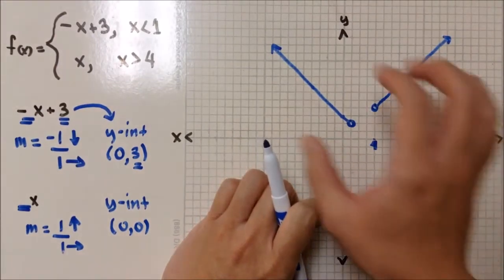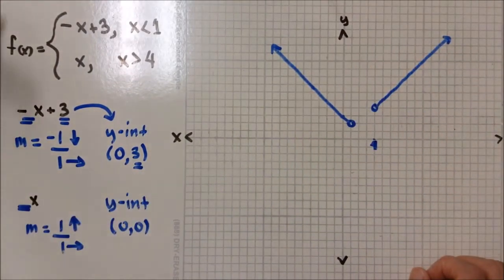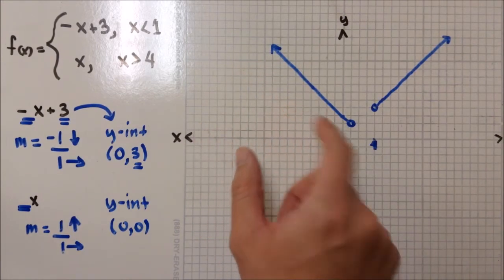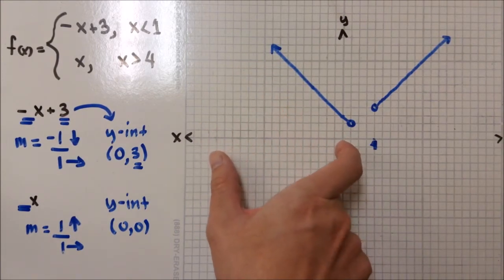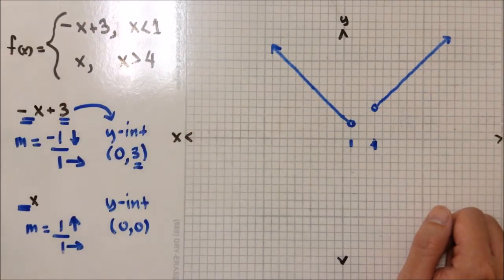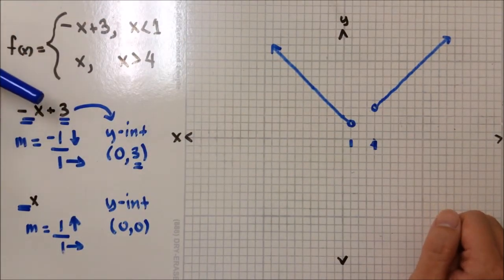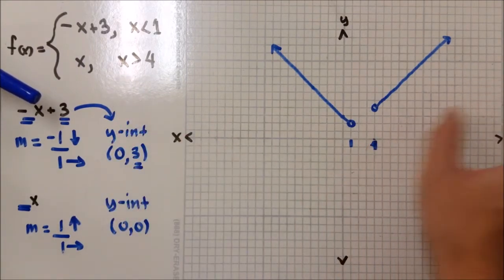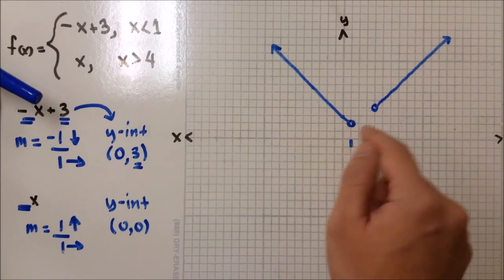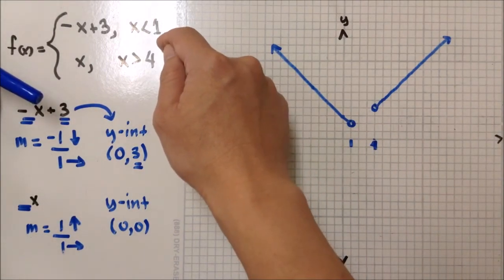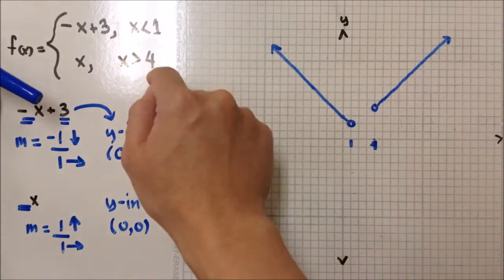So here's the graph for the piecewise function here. Negative x plus 3, where x is less than 1. So let me write 1 right here. And then the second function is just x when x is greater than 4. Now the reason there's a gap is because there's a gap between the two conditions, between 1 and 4.